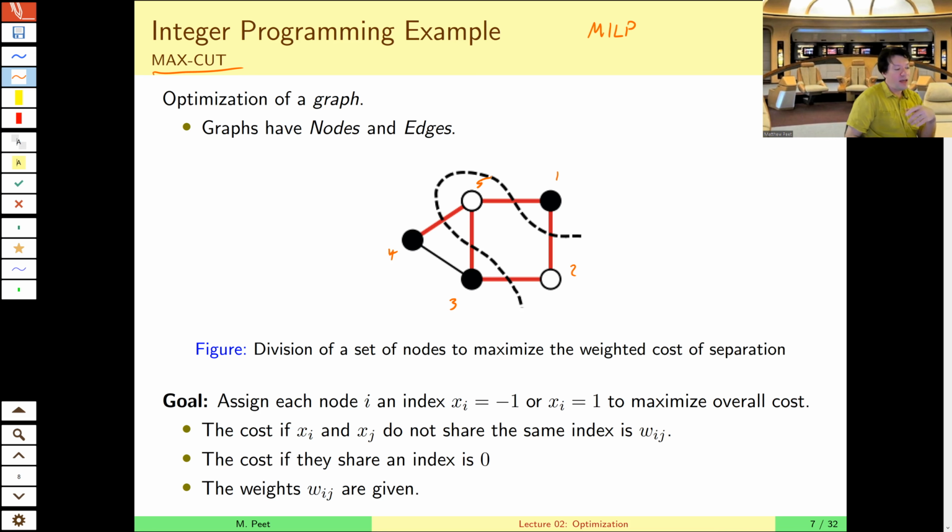And you want to find a way to partition the nodes into two groups so as to maximize the pain of separation, for example.